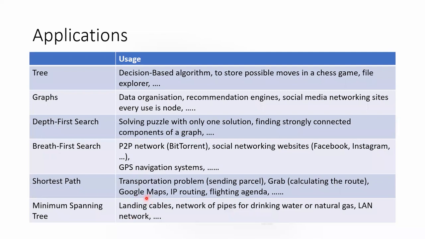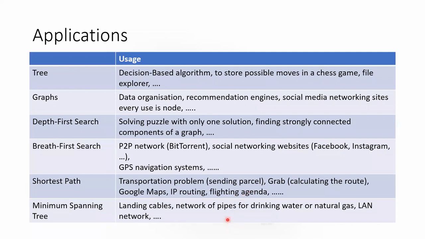It will show you which station you need to take, which line you need to change. And then you go for IP routing in the network. So you want to go from one network to another network, so you can use the shortest path.